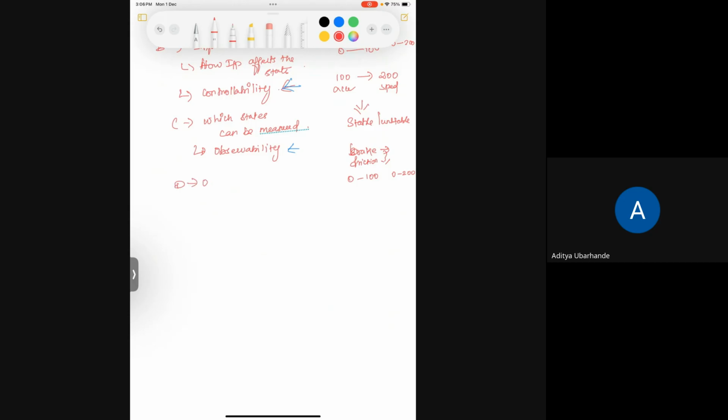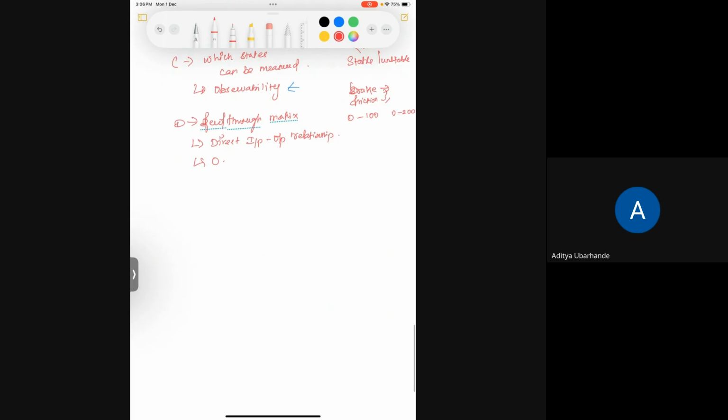Then D is the feed forward or feed through matrix. This is the one that tells the direct input output relationship, as in the transfer function. We usually make it zero because it won't be much useful for us.